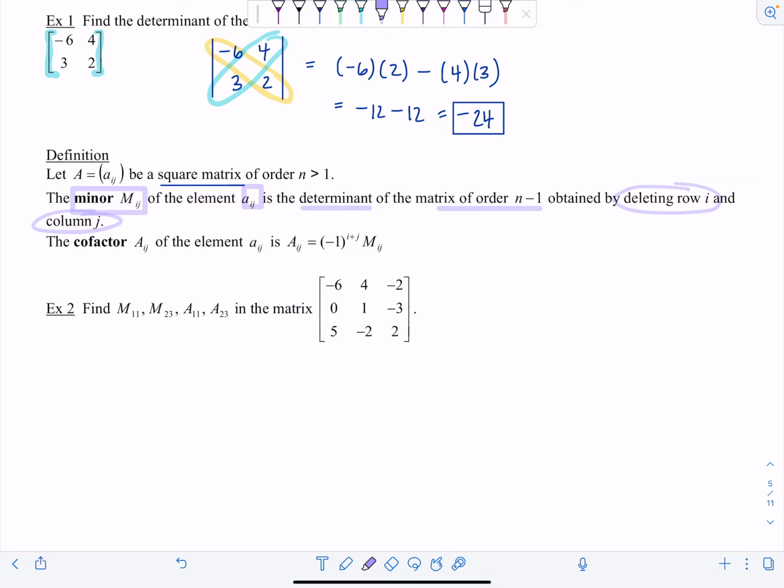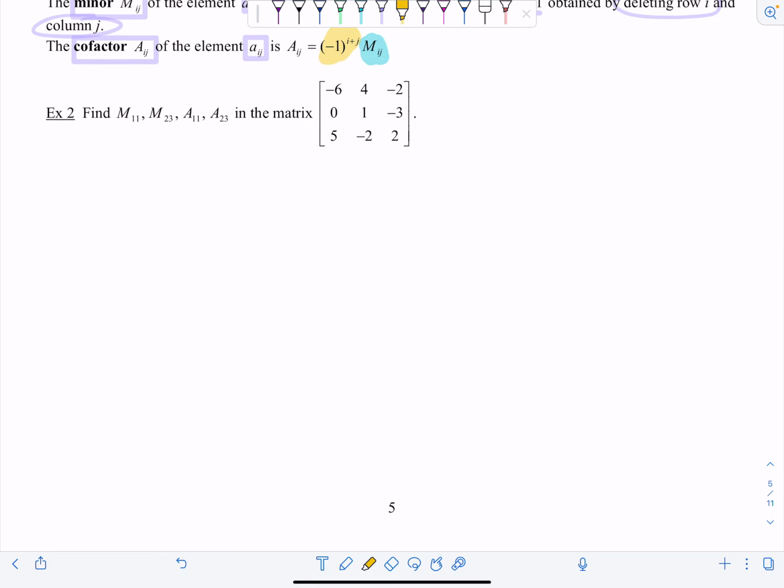Okay, then the cofactor A sub ij, capital A, of the element a sub ij is nothing more than just the minor for that element, times -1 raised to the i plus j. So don't worry if these definitions are a little over your head. If it's the first time you've seen it, we're going to work through an example right now to help break things down.